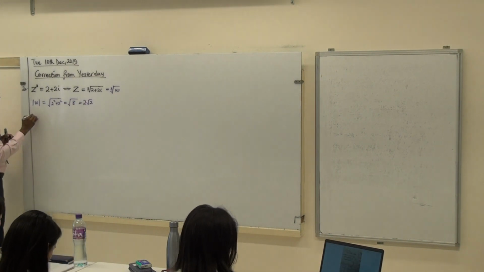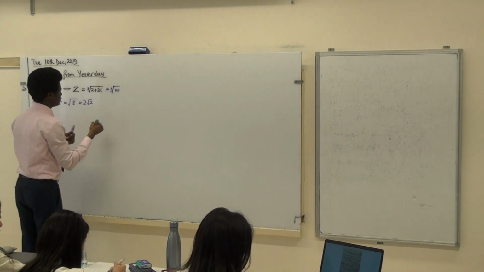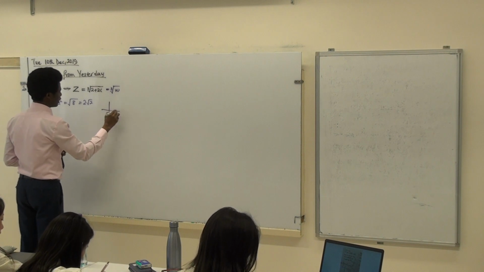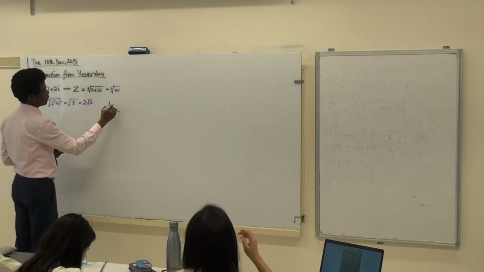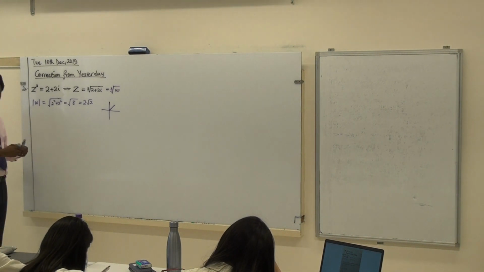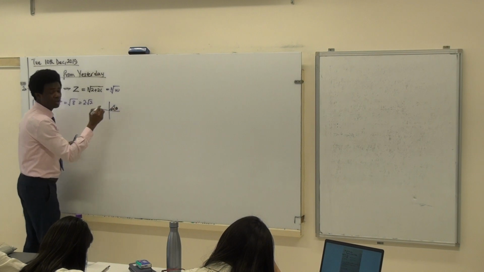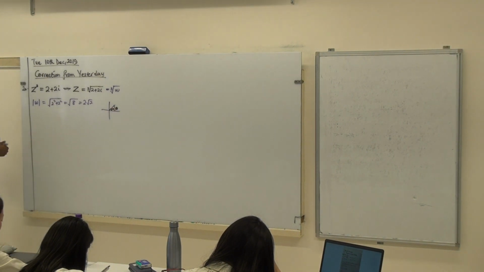For the argument of w, try to plot w in an Argand diagram. If you plot w, 2 plus 2i, you have something like that. So my alpha and theta are the same here, and it's positive.